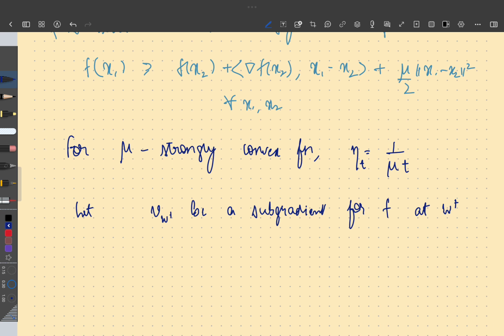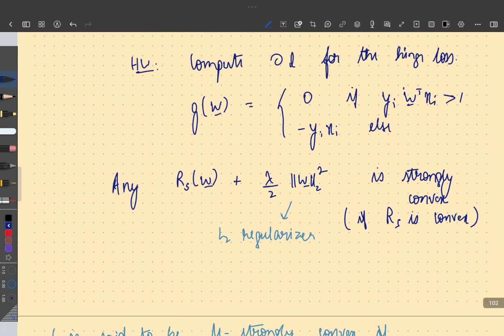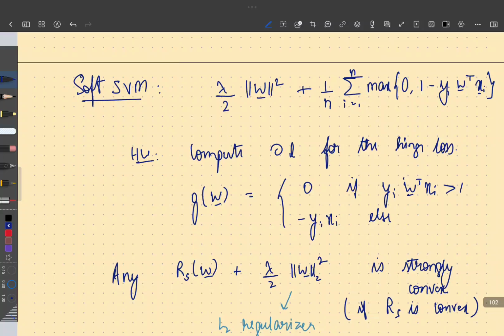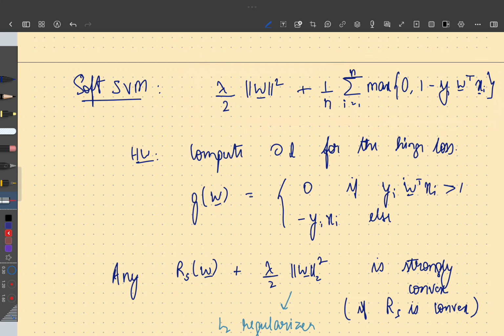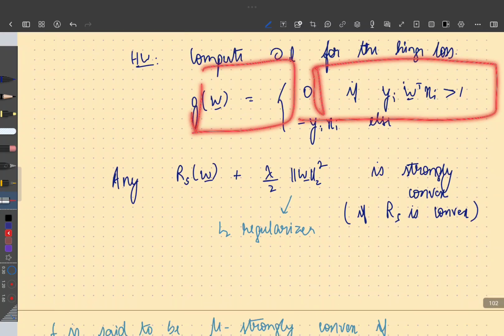We're assuming that f is mu strongly convex, or let's say lambda strongly convex, which is what we have for the soft SVM problem. For the soft SVM problem, this objective function is lambda strongly convex. It's a sum of a convex function along with a quadratic.